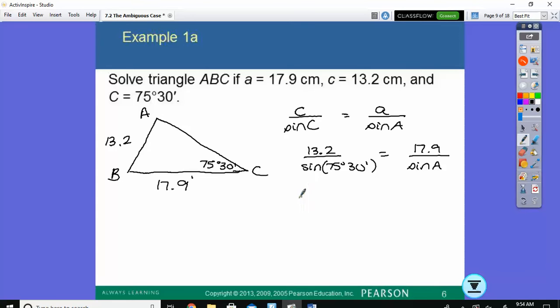If I cross multiply, then to get my sine A by itself, I will divide by 13.2, and that's what I'm going to plug in my calculator. Make sure you are in degree mode.